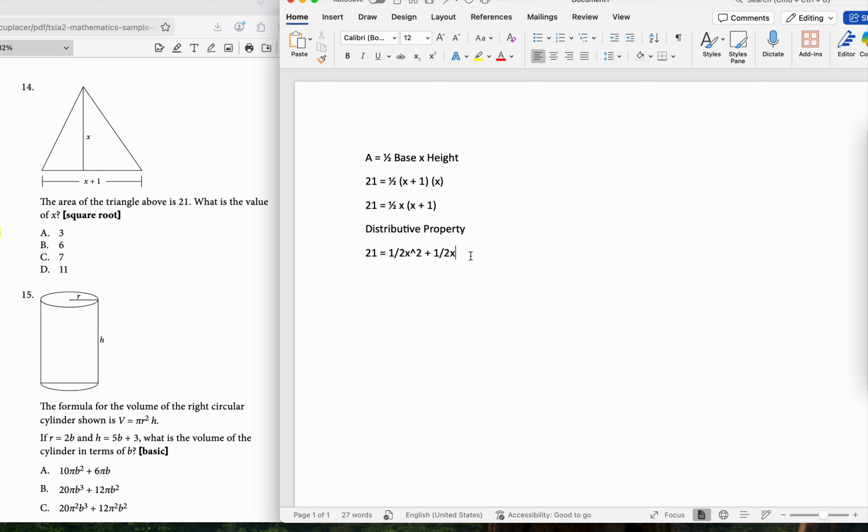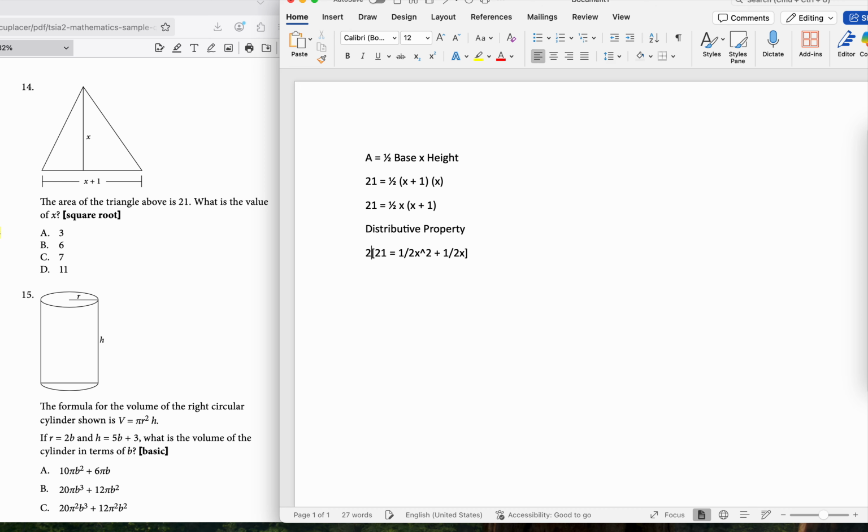Now, what I recommend, because working with fractions can be difficult for some, is that you multiply this whole thing to get rid of the 2. Since these are divided by 2, another way of saying 1/2 as a fraction is 1 divided by 2. So to get rid of that division, we want to multiply by 2.